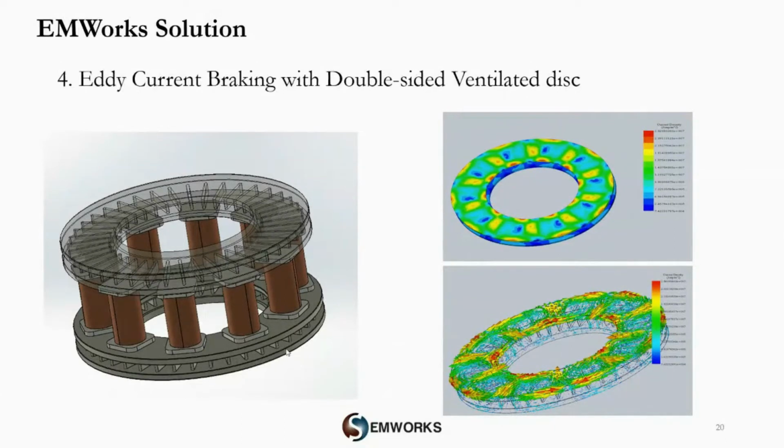So a lot of these systems have cooling. Underneath the disk there is a back iron and there are slots where fluid, actually oil, can circulate to cool down the disk.